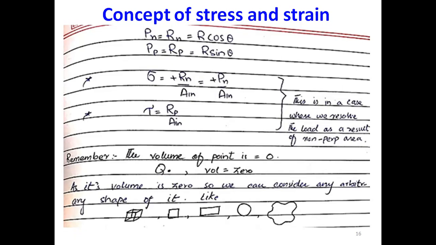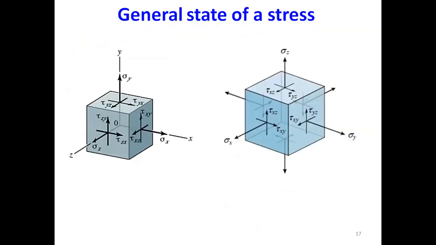But in order to understand this concept of stress, we would consider a shape for a stress. Let's say this is the point Q, but we have exaggerated this point in the form of a cube.